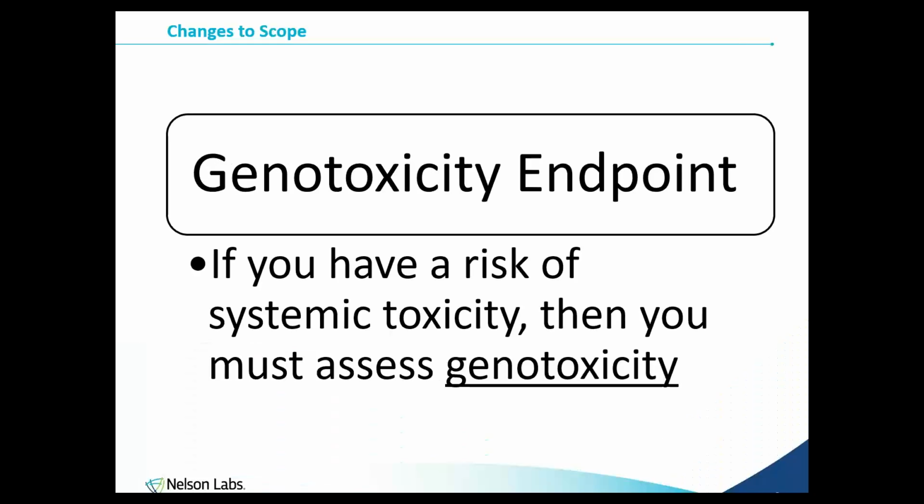But what's in this? So this first one, which I already talked about, is increased genotoxicity evaluation. In the past, for vascular products with limited contact with the vascular system, think about a delivery device for a stent, or any kind of delivery device or external communicating device that had maybe less than 24-hour contact with the vascular system, you weren't really required to assess genotoxicity.